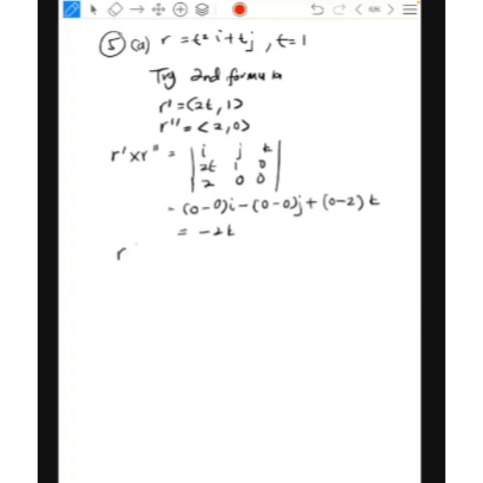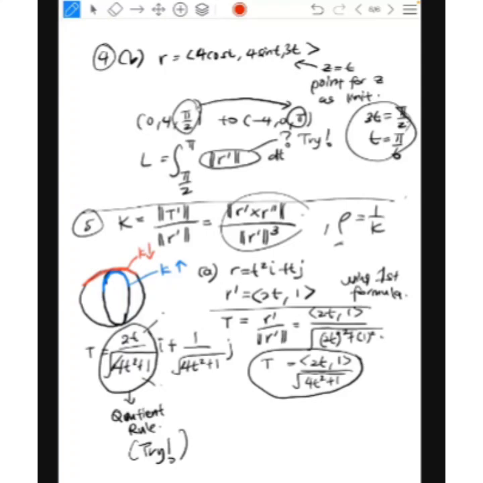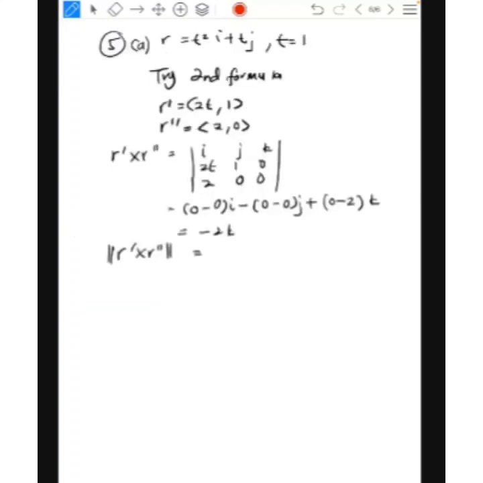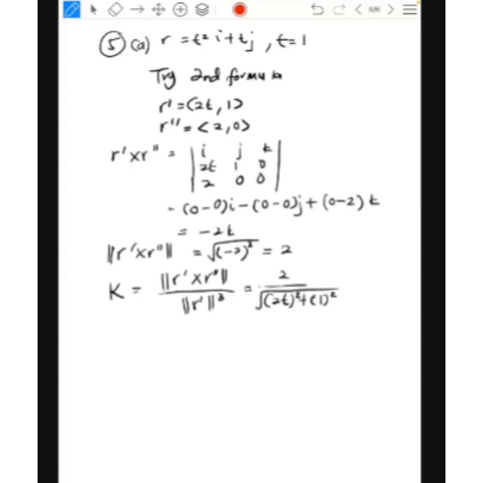Okay, so the magnitude of R prime cross R double prime, using the magnitude formula, will be negative 2 square root, which is 2. So kappa will be the magnitude of R prime cross R double prime, over the magnitude of R prime to the power of 3, which is 2 over the square root of 4t squared plus 1, to the power of 3.